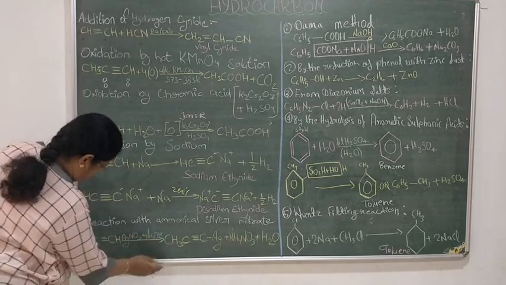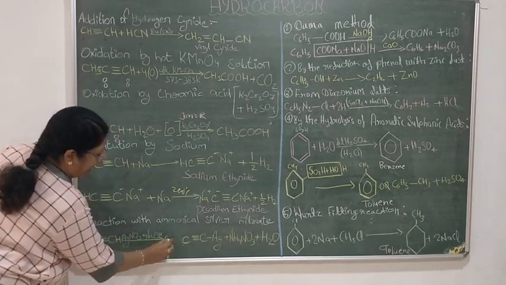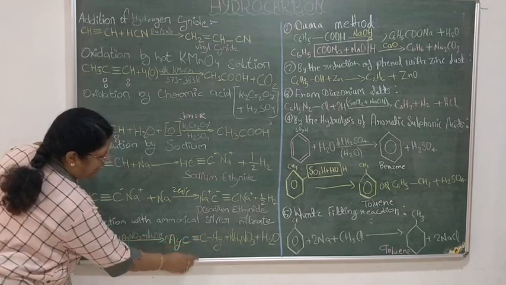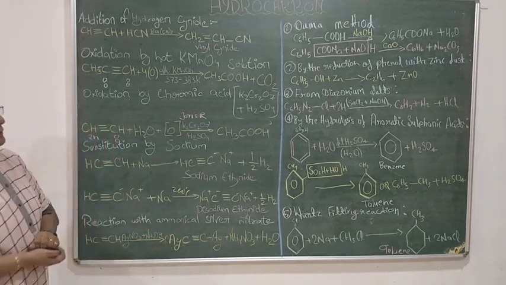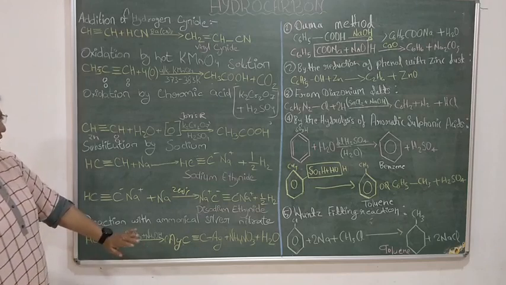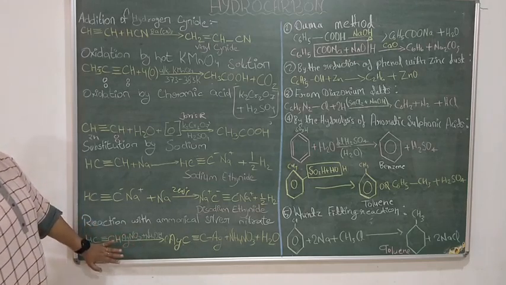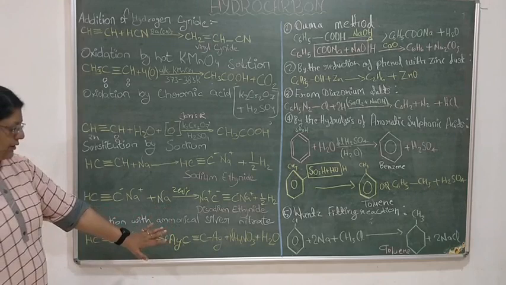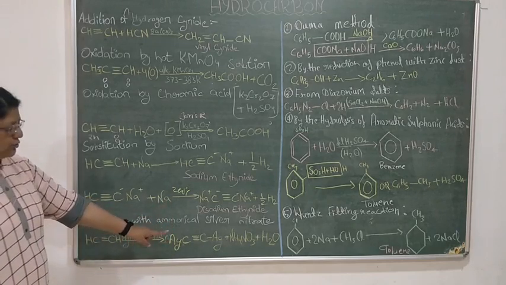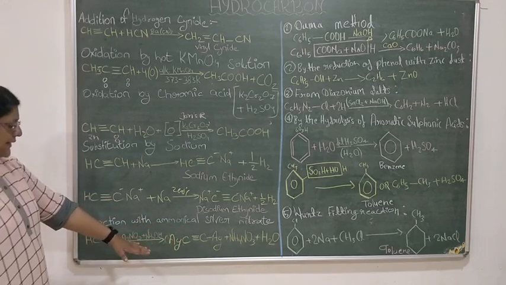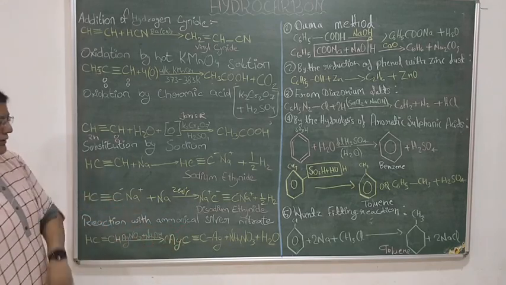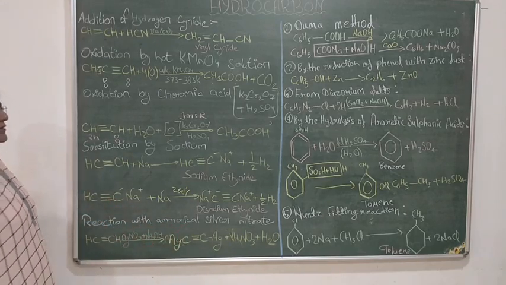This 2H will be removed by Ag. 2 moles we will make and we will form disilver acetylide, a white precipitate. Same you will do with copper also, and you will form CuC triple bond Cu, dicopper acetylide. This is disilver acetylide, that will be dicopper acetylide.